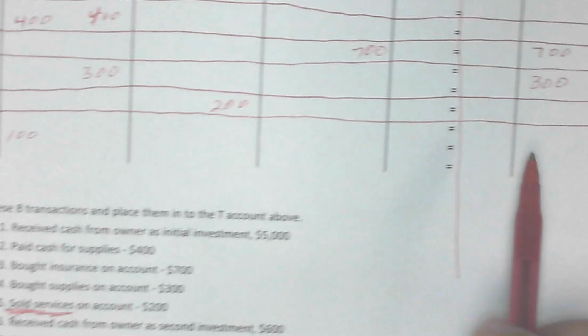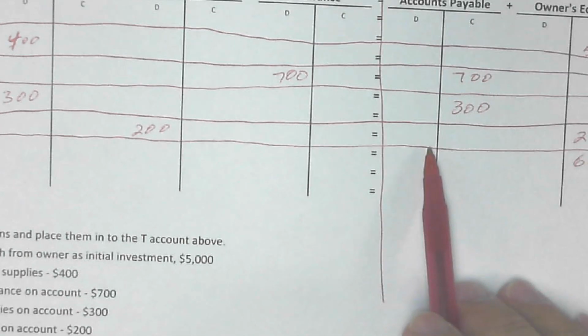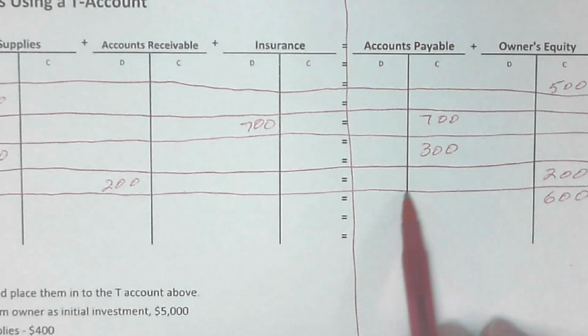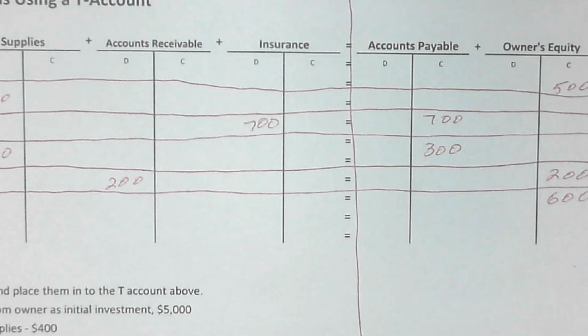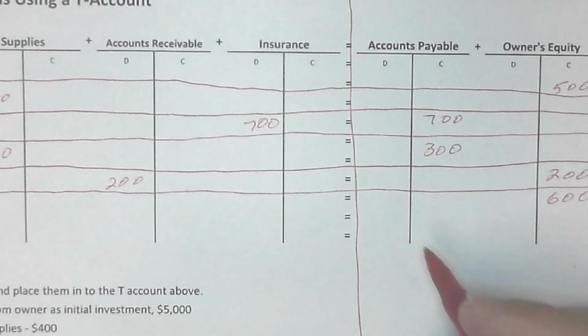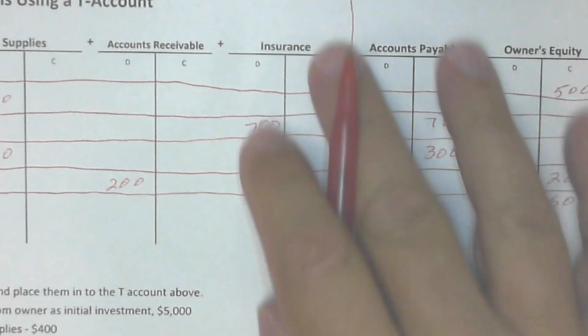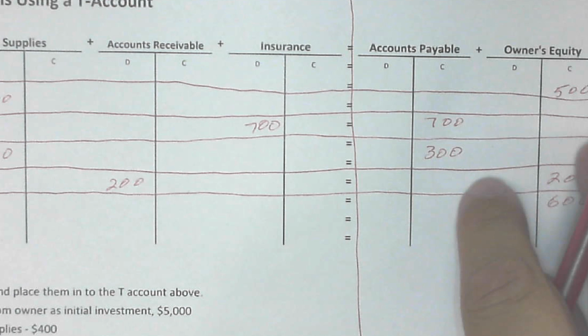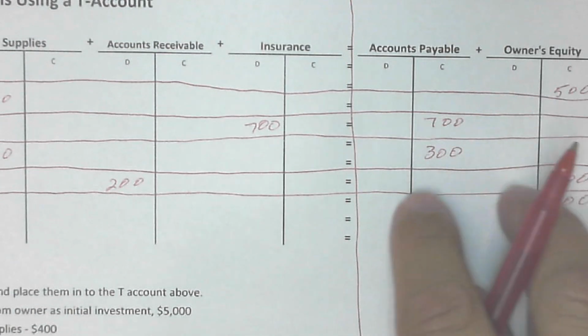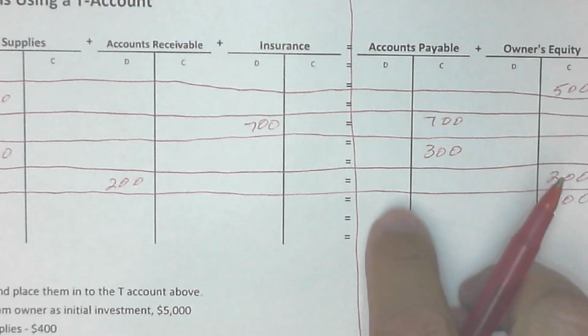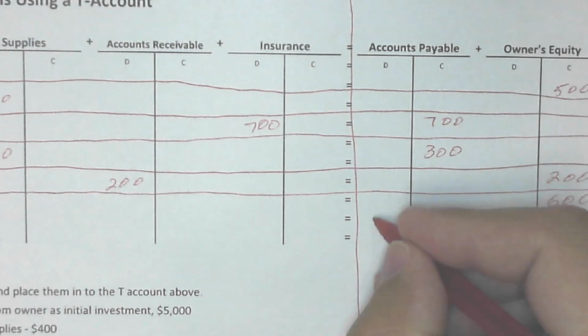And then we're also going to have a decrease for our accounts payable because the amount of money that we owe is going to go down. So remember, on this side of the equation, the increases are going to be the credit and decreases are the debit. So we've got a decrease of $100.